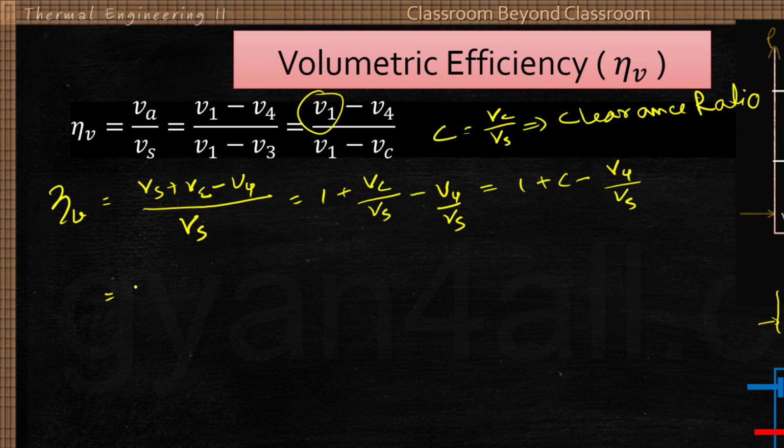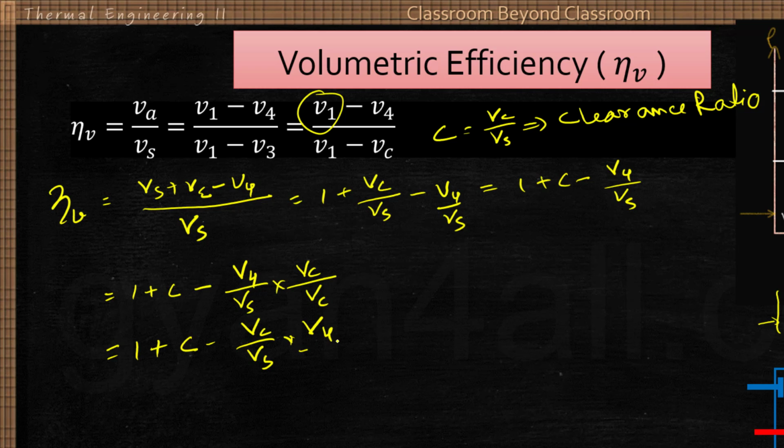So we can write 1 plus C minus V4 divided by VS. If we multiply and also divide by VC, the whole relation will remain the same, and that is equal to 1 plus C minus VC divided by VS into V4 divided by VC.